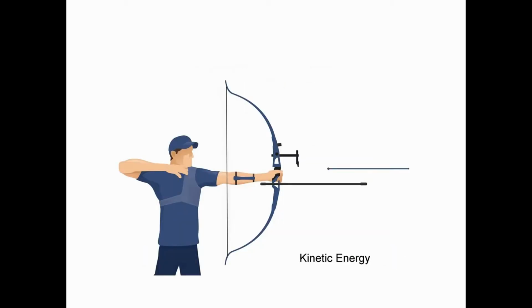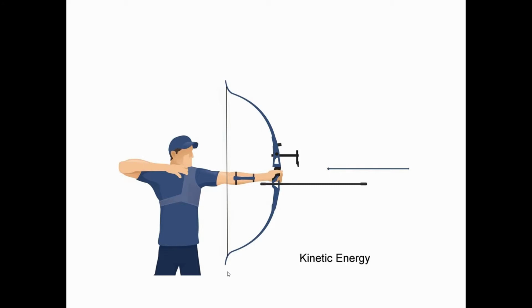So first we are studying about kinetic energy. Kinetic energy means anything which possesses motion, anything which is in motion, will be having kinetic energy. So here is an archer, and the archer is throwing his arrows. So this arrow will be having what? Kinetic energy.